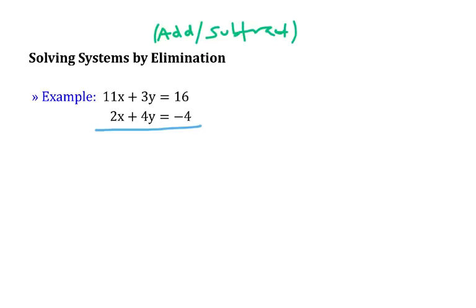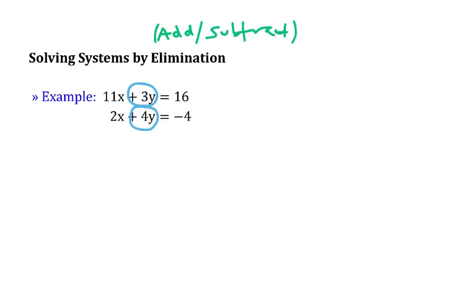Some of you might see that subtraction could work if you're careful, but I'm going to go about it using a slightly different idea here. So let's pick on y. If I have 3y in my first equation and 4y in the second equation, can we think of a number that we can multiply these both up to be the same?